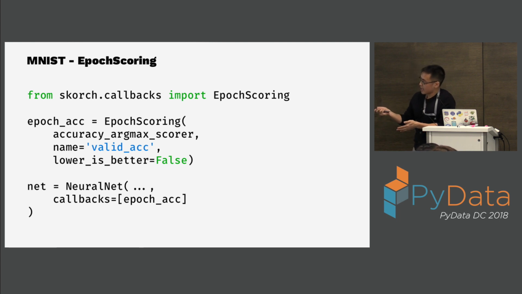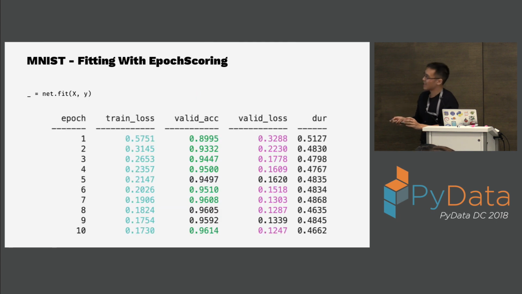Next, we just stick it into our neural net, put it in the list of callbacks, and call fit. Notice now we have a new column called validation accuracy, valAcc, as we named it before. And this is the accuracy of the neural net model over the epochs.